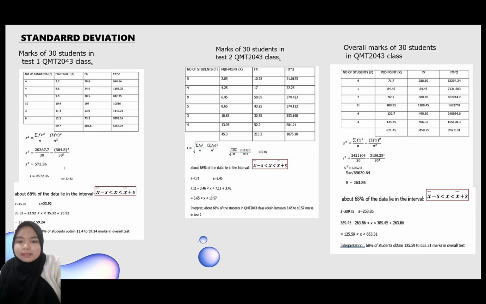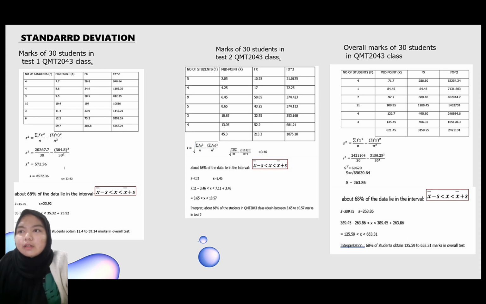test 1. For the standard deviation of test 2, fx is 213.3 and fx squared is 1876.18. So we insert into the formula, and we got a mean of 7.11 and S is 3.46.